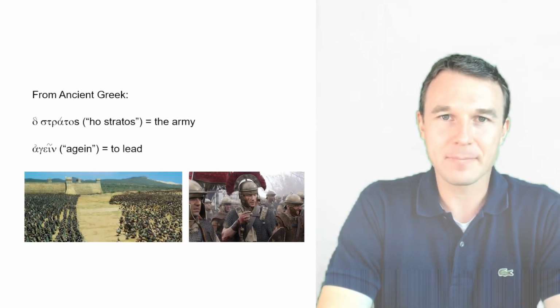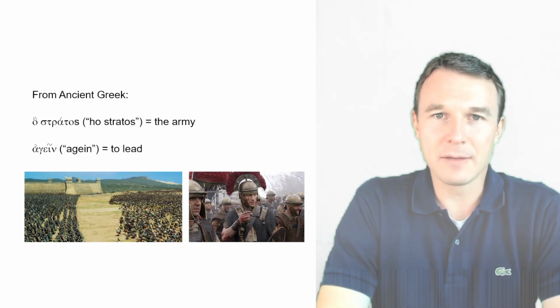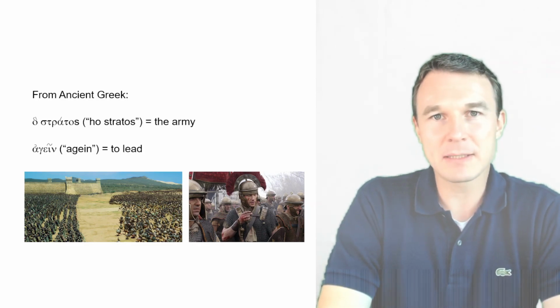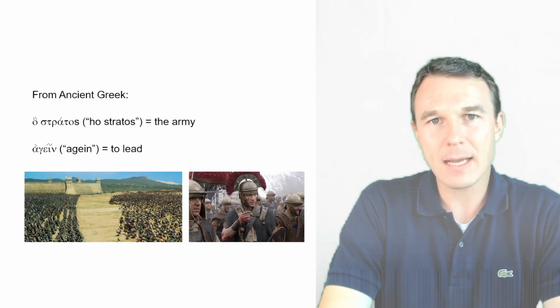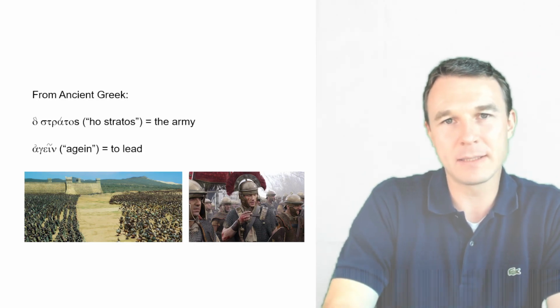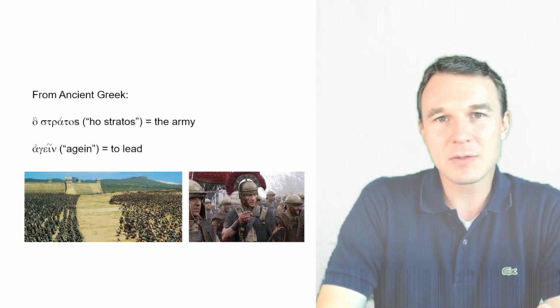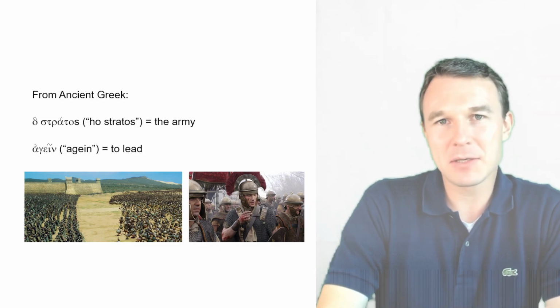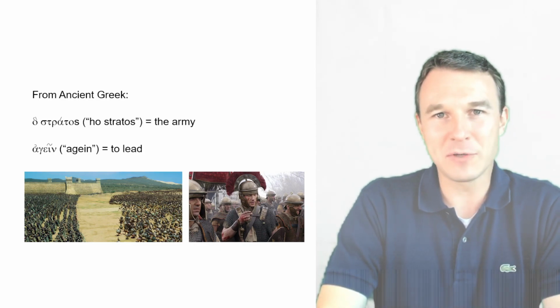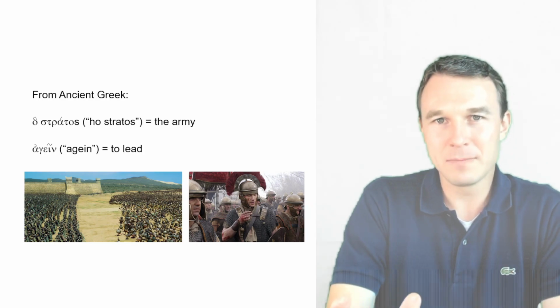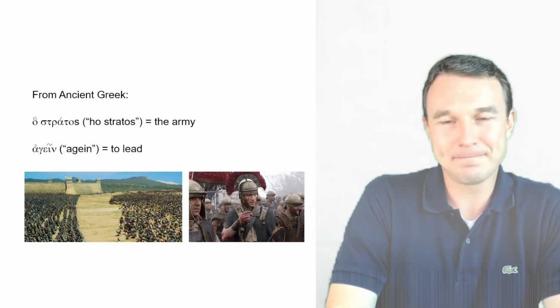A good starting point for this is always to go back to the roots of the word, or the origin of the word. The word strategy comes from two ancient Greek words: stratos, which means the army, and agein, which means to lead. So literally, strategy means to lead an army, and obviously we want to lead the army to victory in the war.